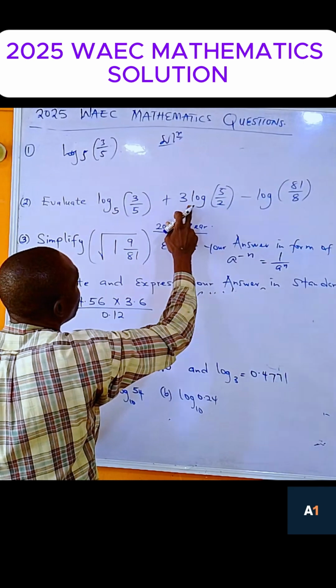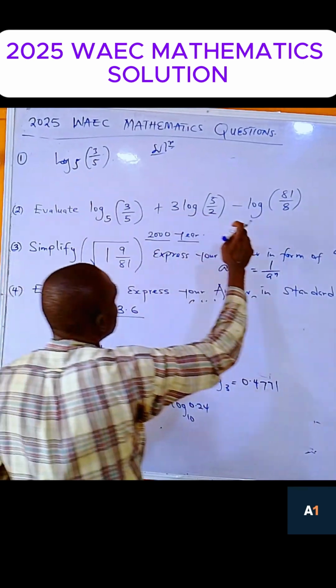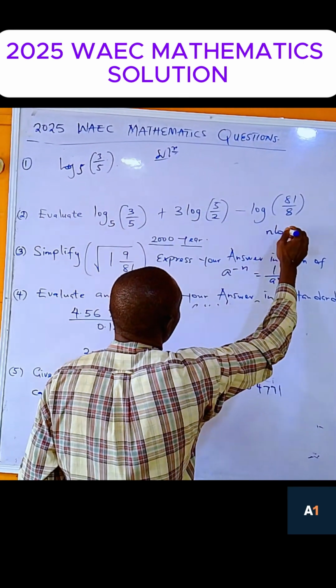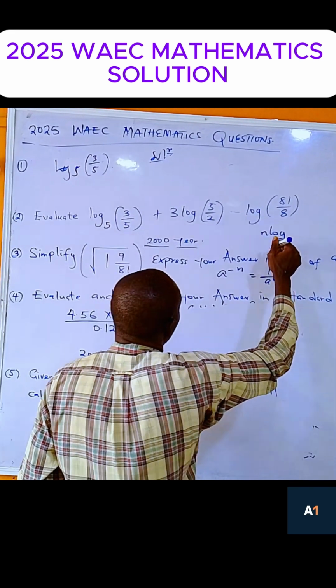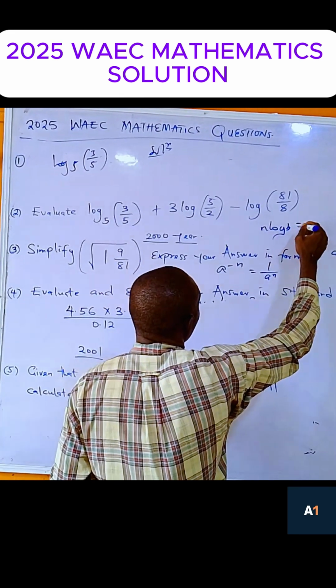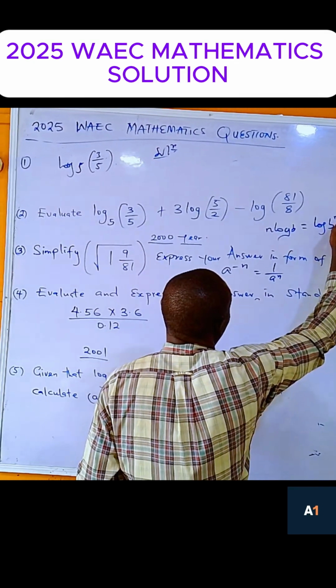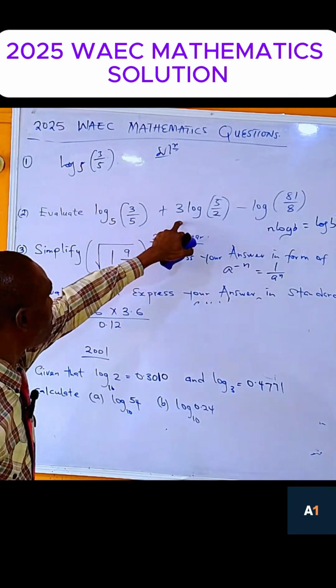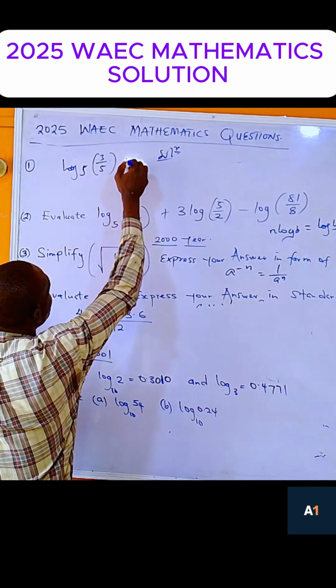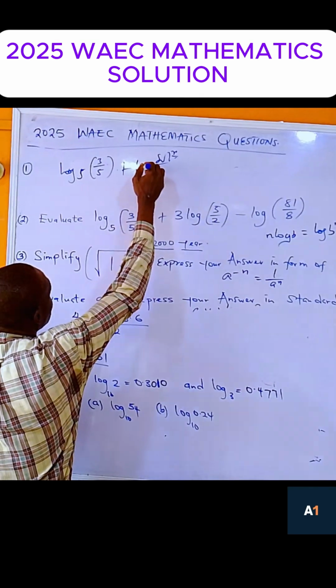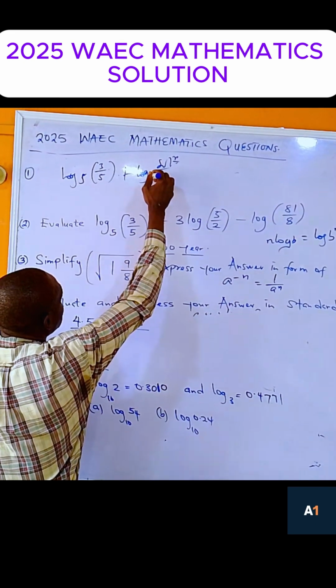And this one, according to the law that says that if we have n log b, it can be written as log of b raised to power n. So apply the same thing here. This one will be plus log, this is also 5.